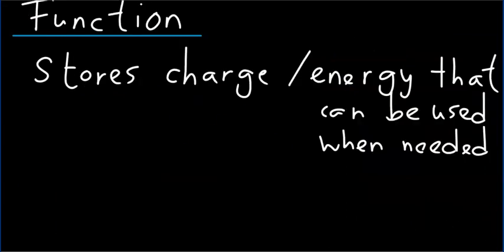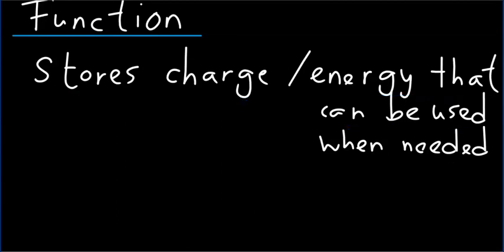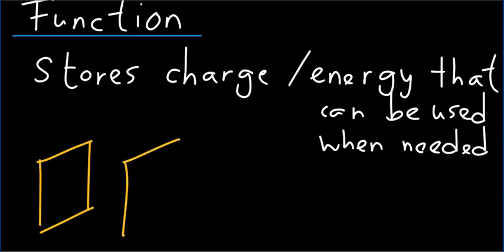The main function of a capacitor is to store charge, and therefore energy that can be used when needed. Let's use the parallel plate capacitor arrangement to explain this fact. So in a parallel plate capacitor, you have two parallel plates like that. You can place positive charges on the first plate and negative charges on the second plate.